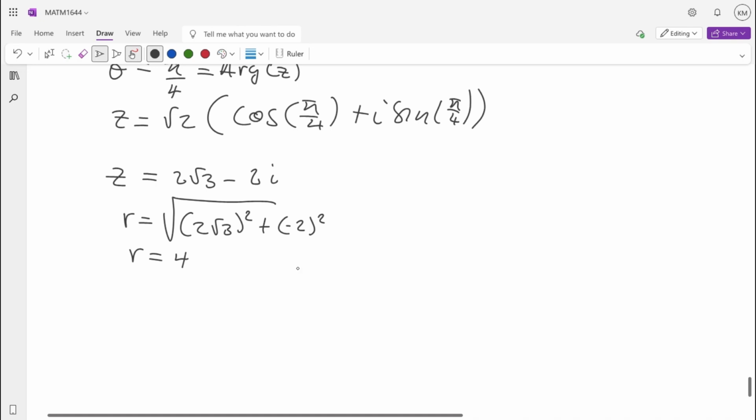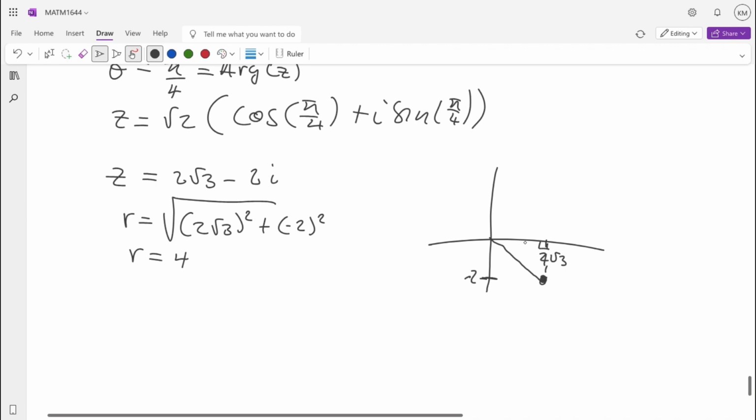Now if we try to sketch or plot our complex number, we know it's going to be 2 root 3, say somewhere there, then minus 2, somewhere here. Where they meet, say maybe it's here, the point, then you construct a straight line and we get our right angle triangle like that.